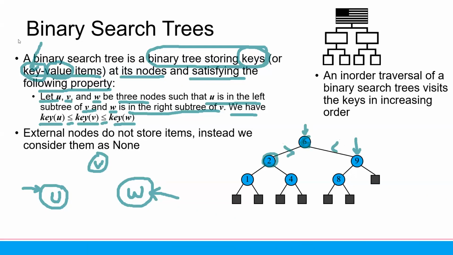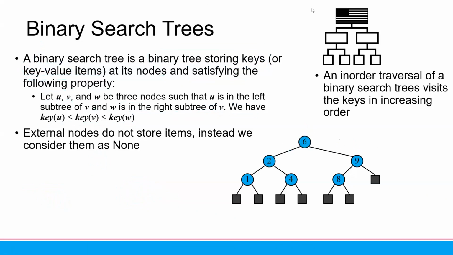Okay, 2 is smaller than 6. And here 9 is greater than 6. That's the property.